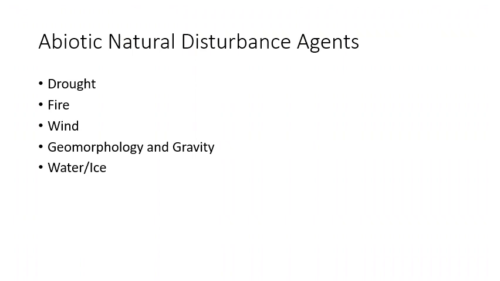There are many abiotic natural disturbance agents like that. Here's a list of some of the ones that we really commonly think about. Here in Florida, fire and wind are certainly very important, but if you have ever been anywhere in the South when we had an ice storm, that can be a big time disturbance, right?